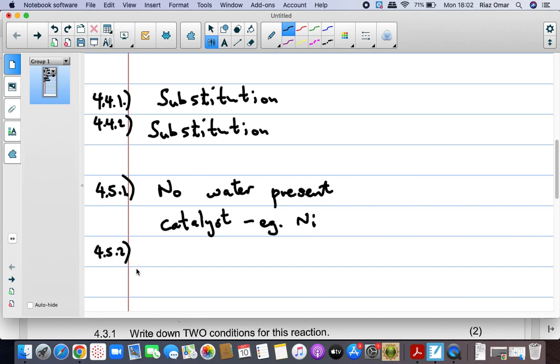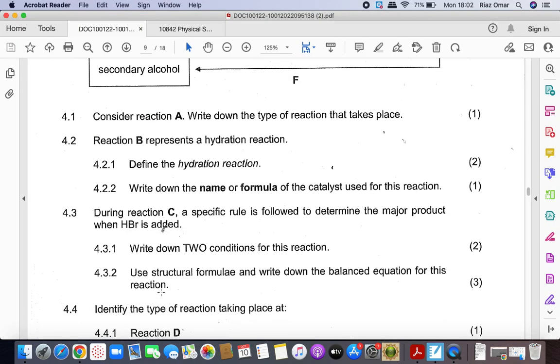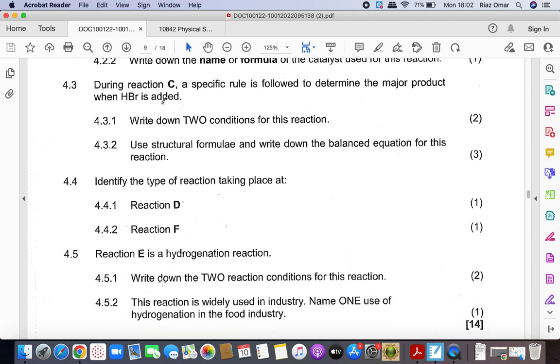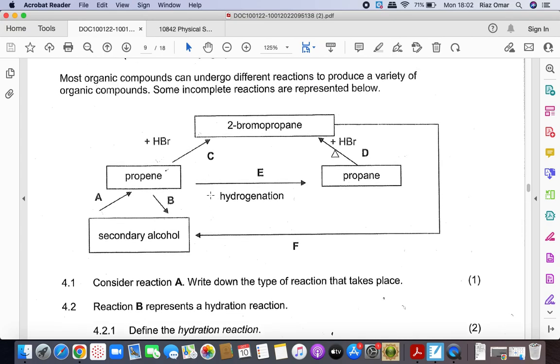4.5.2. The next question is: this reaction is widely used in industry. Name one use of hydrogenation in the food industry. So then you have propene and you've got propane. It's hydrogenation.